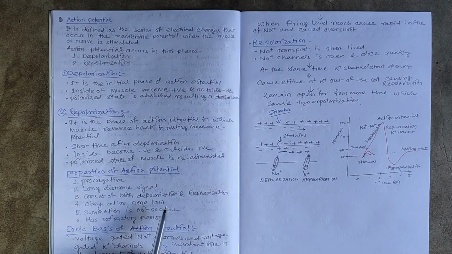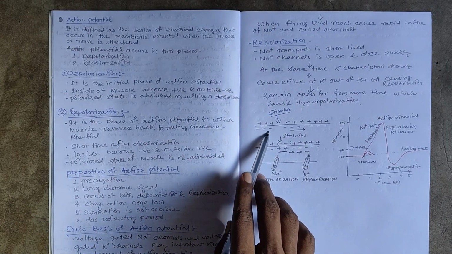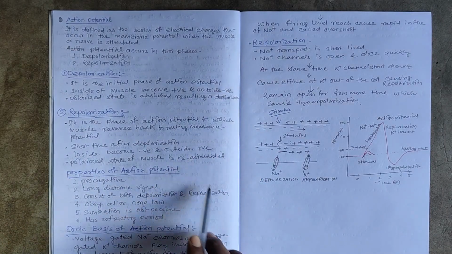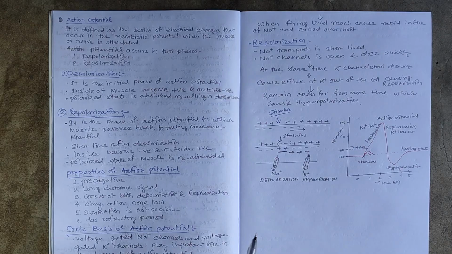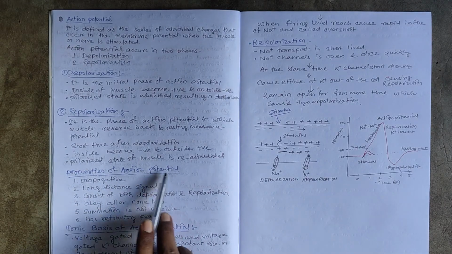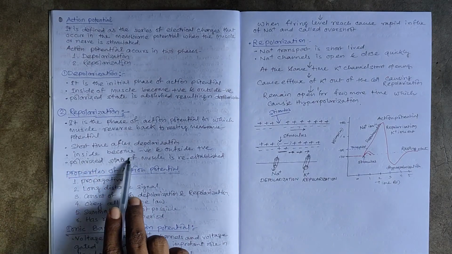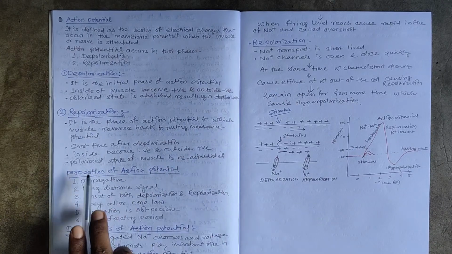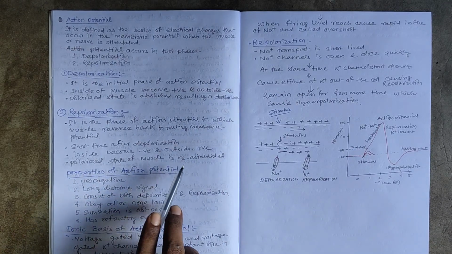In this case, inside becomes negative again and outside becomes positive again, as the cell membrane was before depolarization. The polarized state of the muscle is re-stabilized.